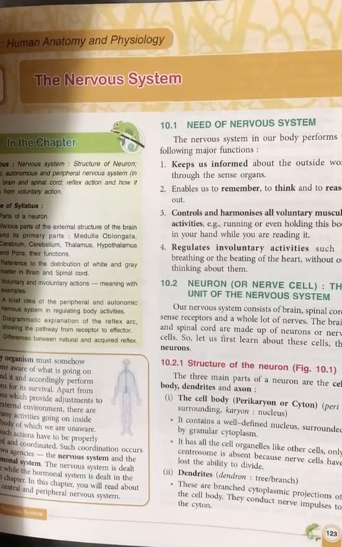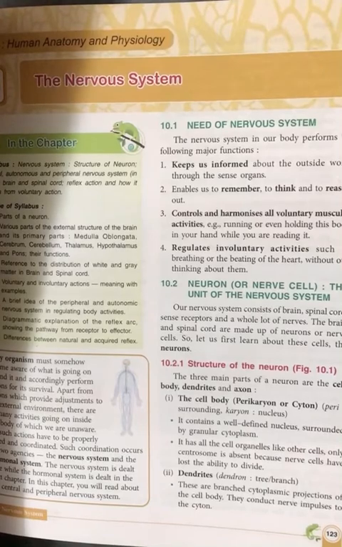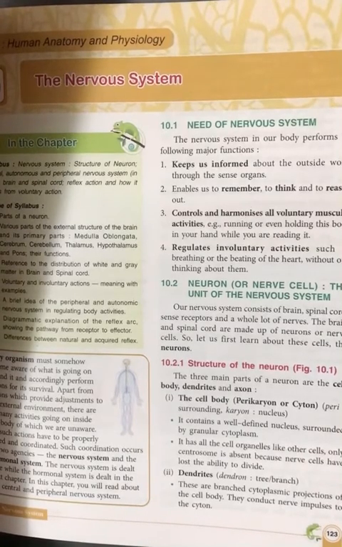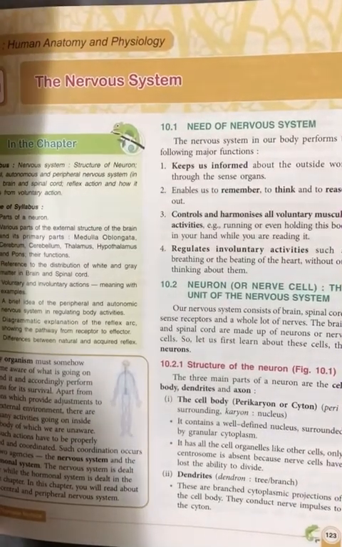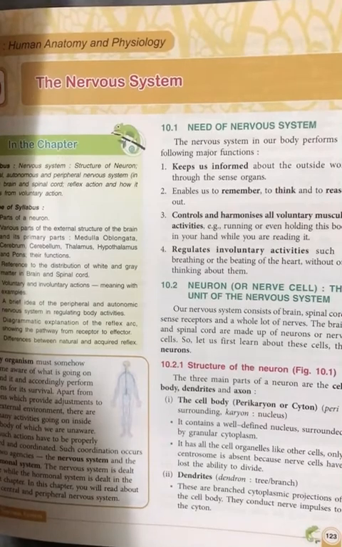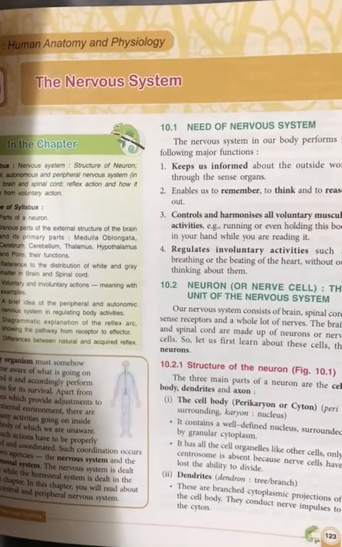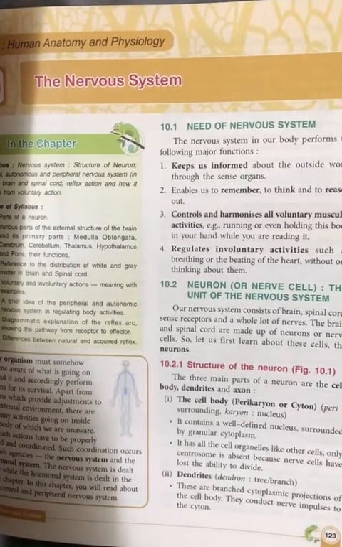Then we come over to the neuron, and neuron is the structural and functional unit of the nervous system, as the cell is the structural and functional unit of living organism. And in the previous chapter, excretory system, we had done that the nephron is the structural and functional unit of the excretory system.